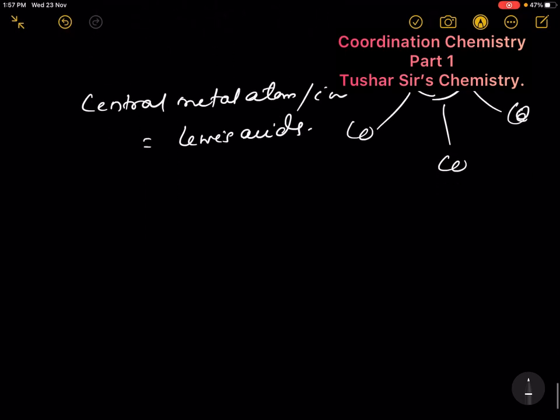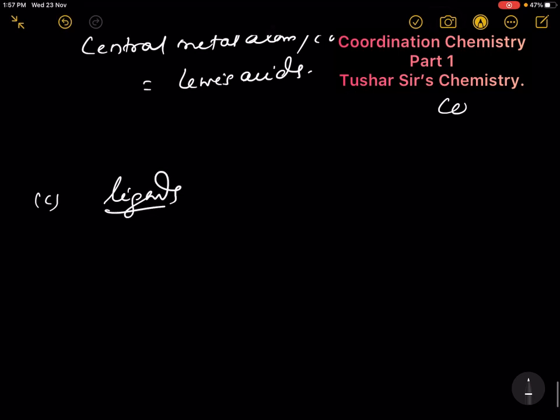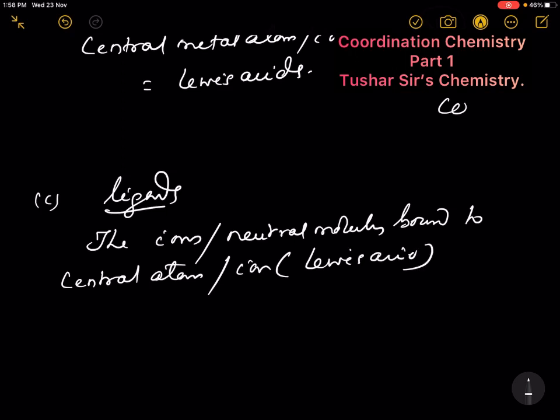Then ligands. The ions or neutral molecules bound to the central atom or ion in the coordination entity are called ligands.